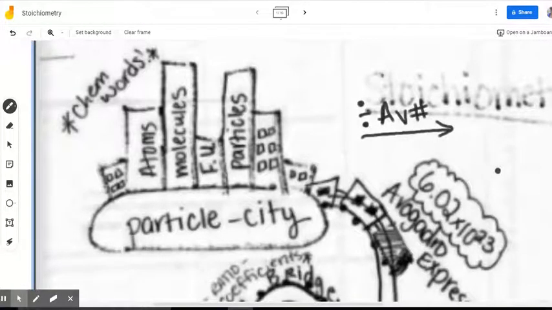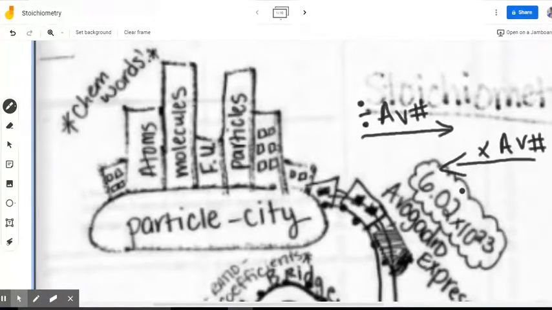When we were traveling to particle city, we had to multiply by Avogadro's number. That's what we saw in the last chapter. And honestly, I hope you didn't sit there and memorize what you have to do when you travel away and to, because I think it's silly. You bring your words down to the right and then you know where numbers go. That's the concept that we use.